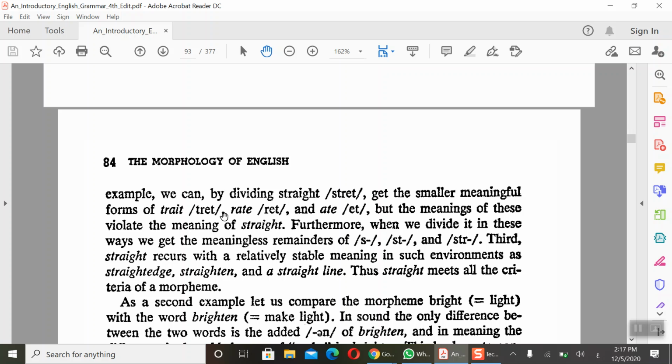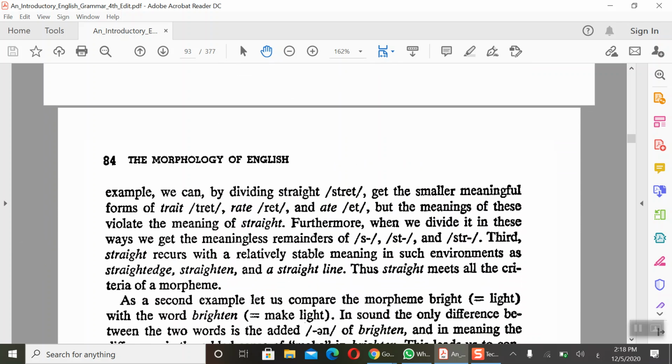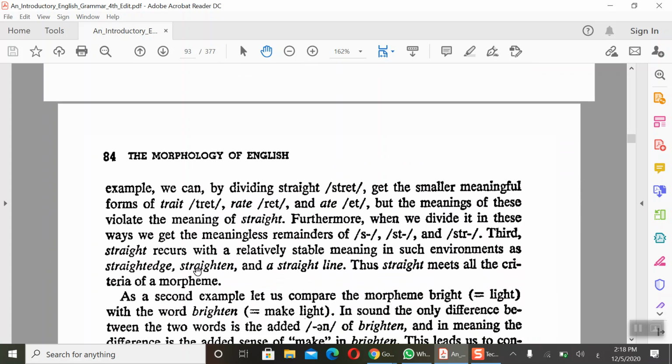Number 3, third, straight recurs in different verbal environments. Here, it recurs with a relatively stable meaning in such environments. Let's see. For example, straight edge, straighten, and a straight line. You see? It recurs in different contexts.